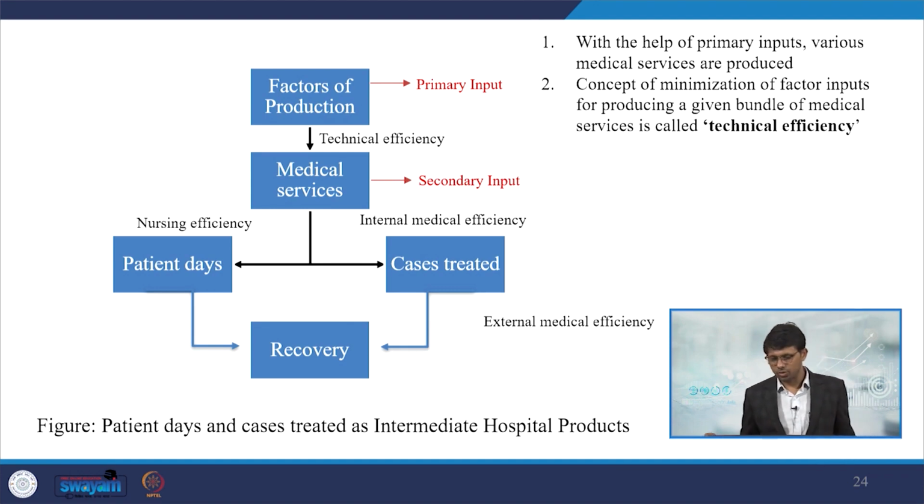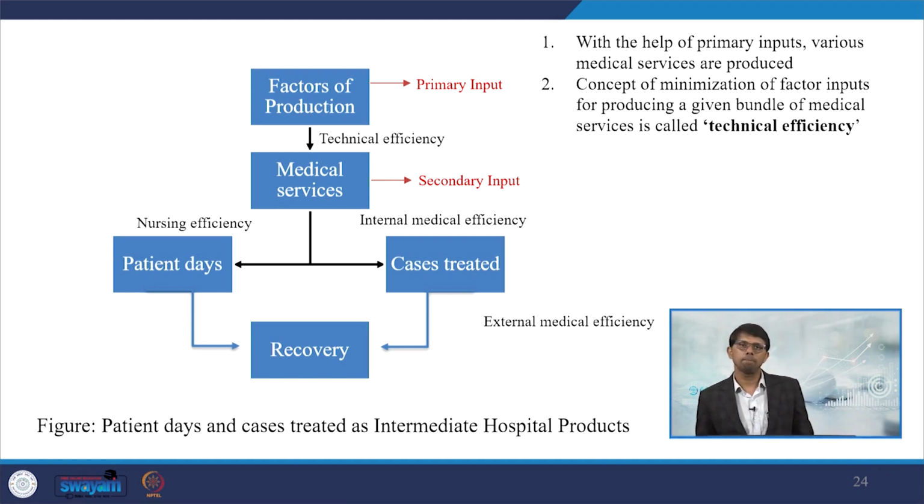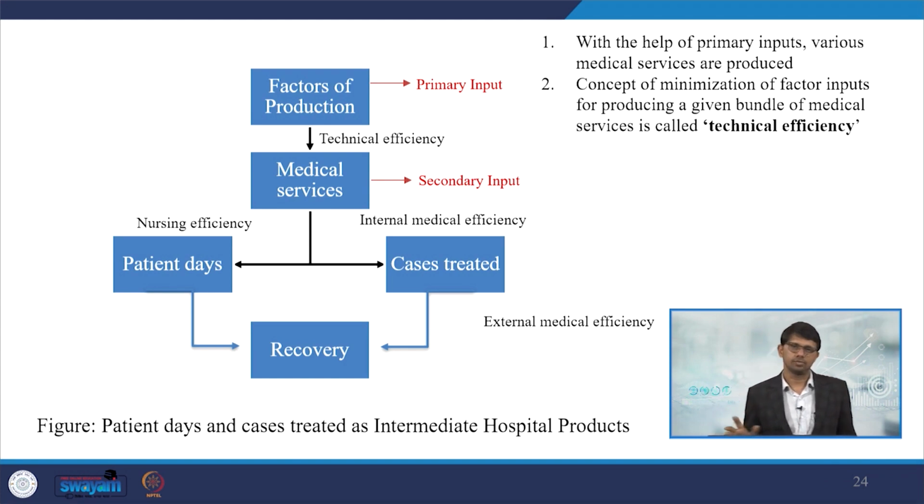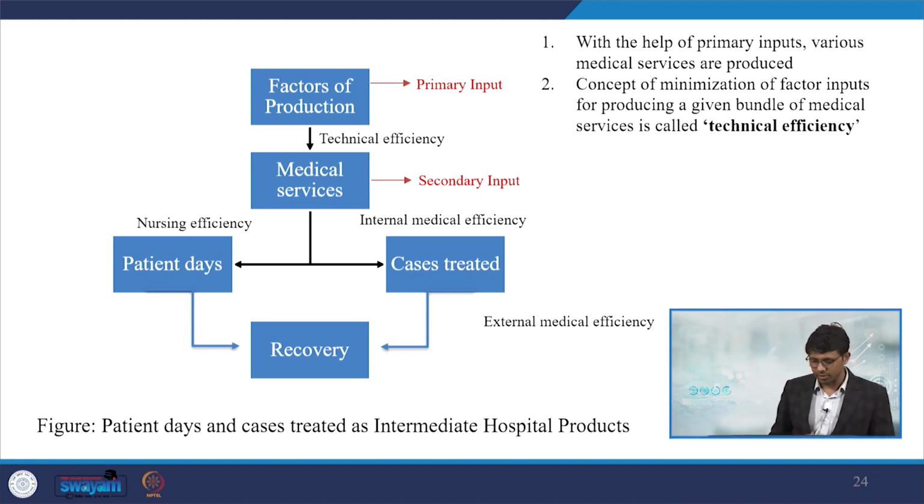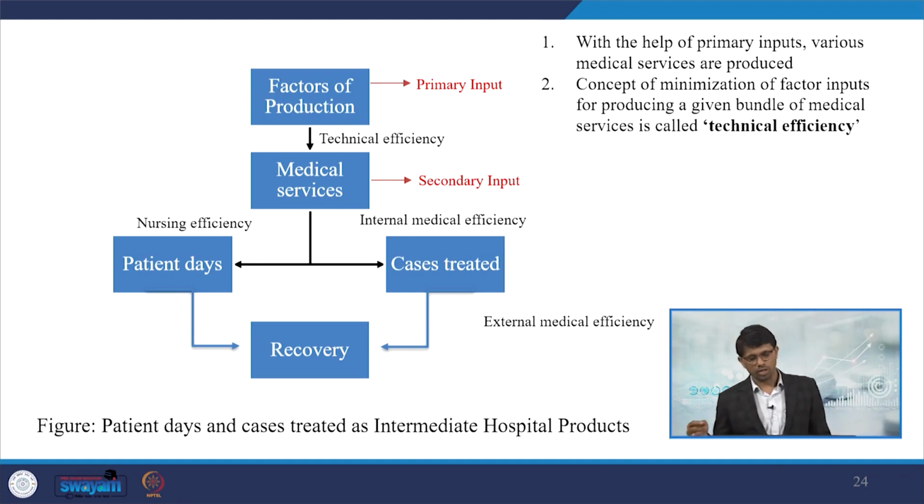The idea is to go for minimization of cost or maximization of output, and that is largely called technical efficiency, and it has scope for understanding managerial efficiency and scale efficiency, and we will also discuss that in our efficiency unit.